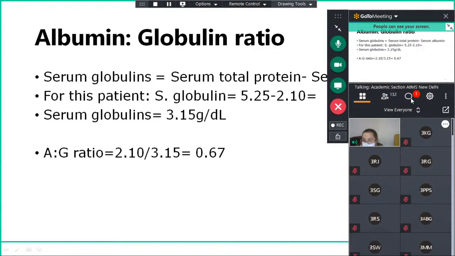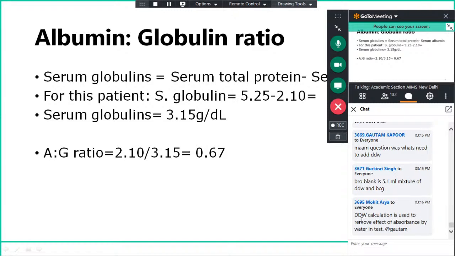Any doubt or any question, please ask. No, the double distilled water is used to remove the effect of absorbance by the reagent. The reagent has some intrinsic color.